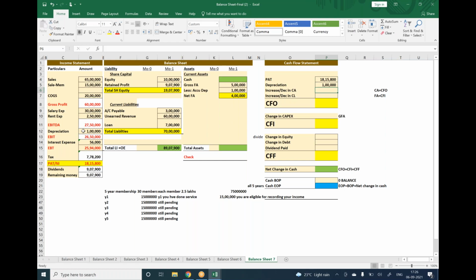Depreciation is 1 lakh. What about current assets? It could be accounts receivable. Is there any increase or decrease in current assets? Actually zero. Nothing is there. What about current liabilities?